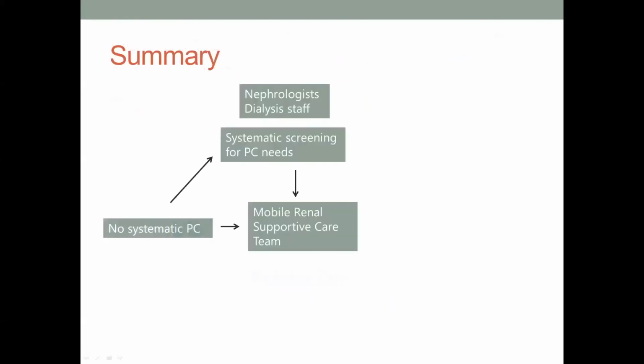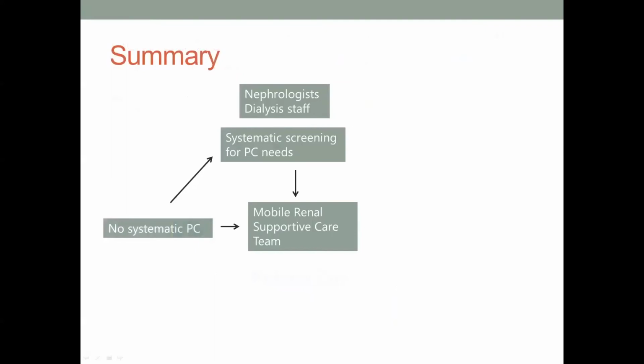And I'll summarize where we were before and where Northwest Kidney Centers is now, and what we're looking to do in the future. In the past, we did not have any systematic way of accessing palliative care for our patients. If anything, it was done in the hospital alone.